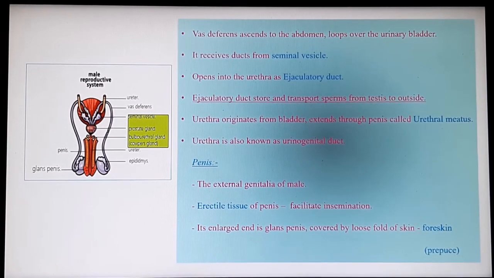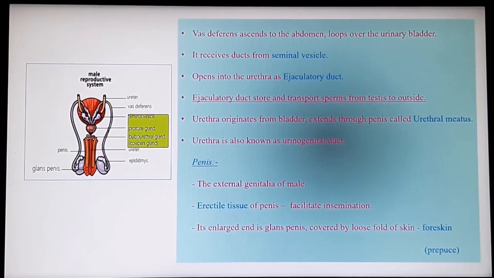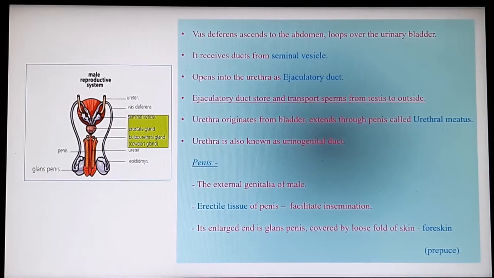The urethra originates actually from the urinary bladder. It extends through the penis, ending at the urethral meatus. The urethra is also known as the urinogenital duct because it commonly carries the secretions from the reproductive system and also the secretion, that is the urine, from the excretory system.